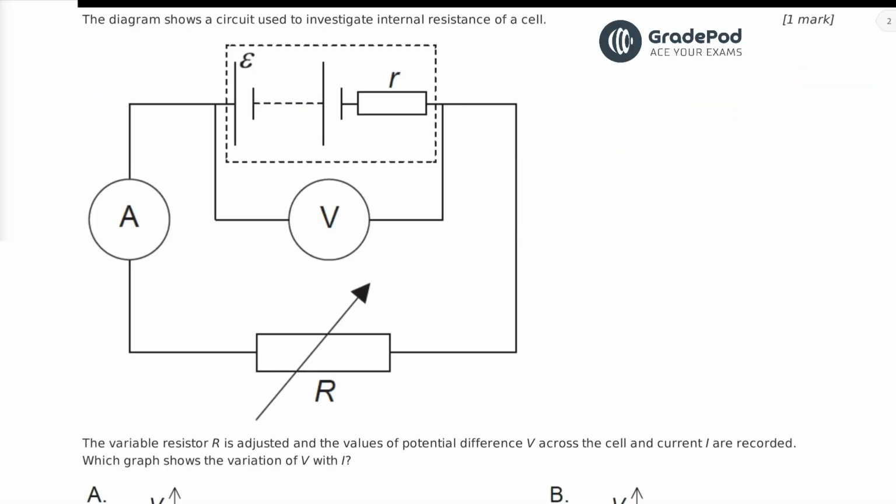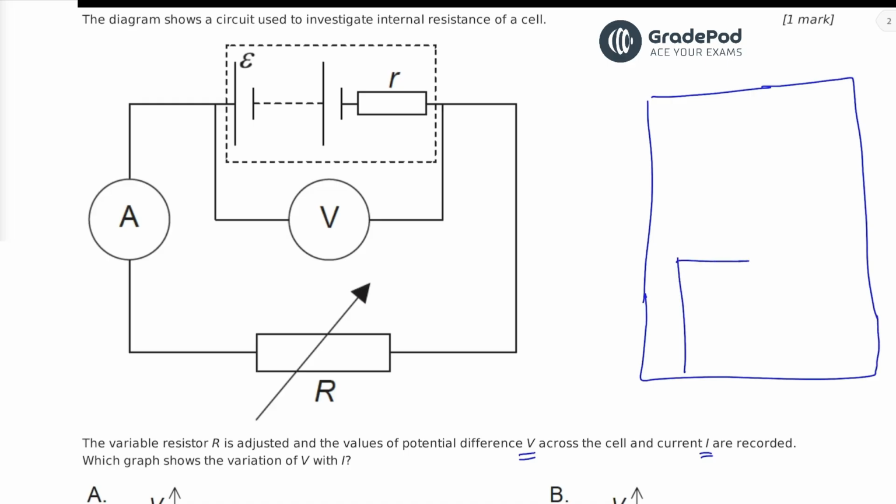The diagram shows a circuit used to investigate the internal resistance of a cell. The variable resistor R is adjusted and the values of potential difference and current are recorded. Which graph shows the variation of V with I? Now, if you go to your revision note template in the main tutorial, there is a section that says common graphs. And that is not there to torture you.